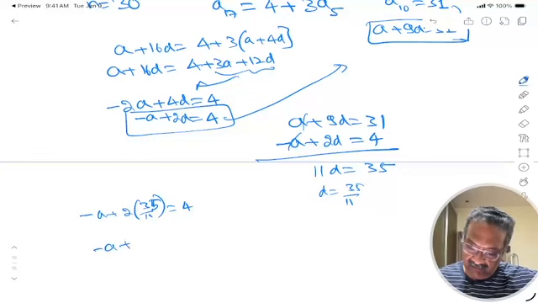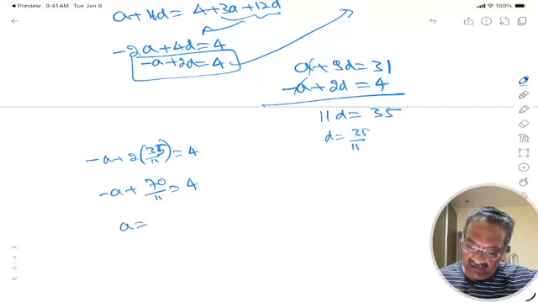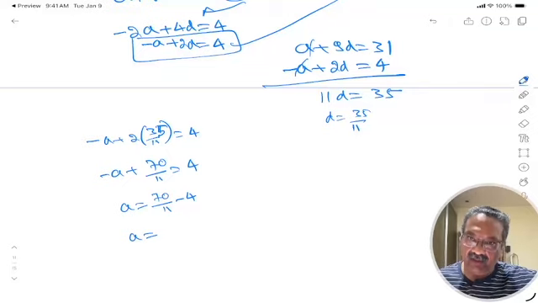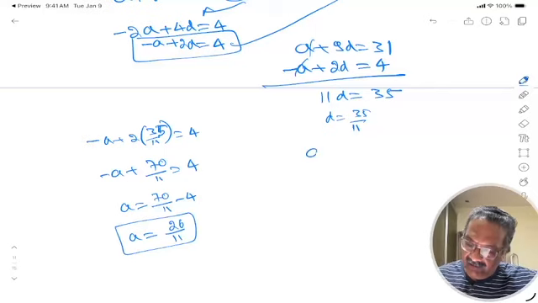So minus A plus 70 by 11 is 4. So A will be 70 by 11 minus 4. A will be 70 minus 44 by 11, 26 by 11. In this case, A will be 26 by 11.